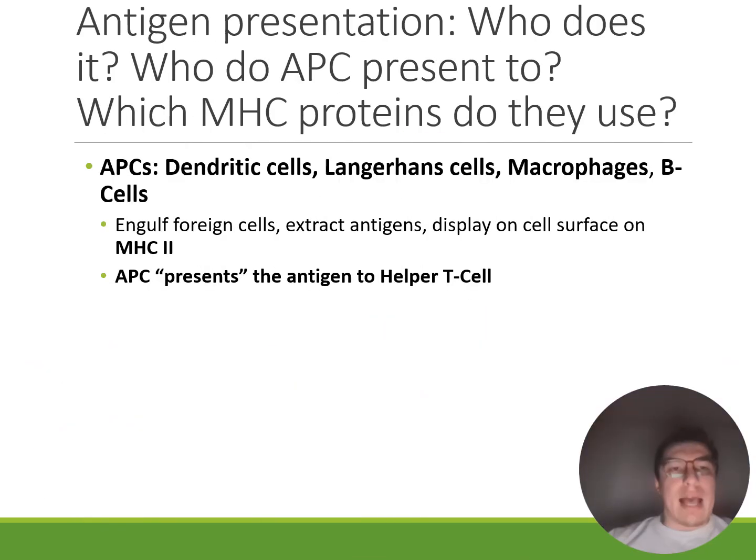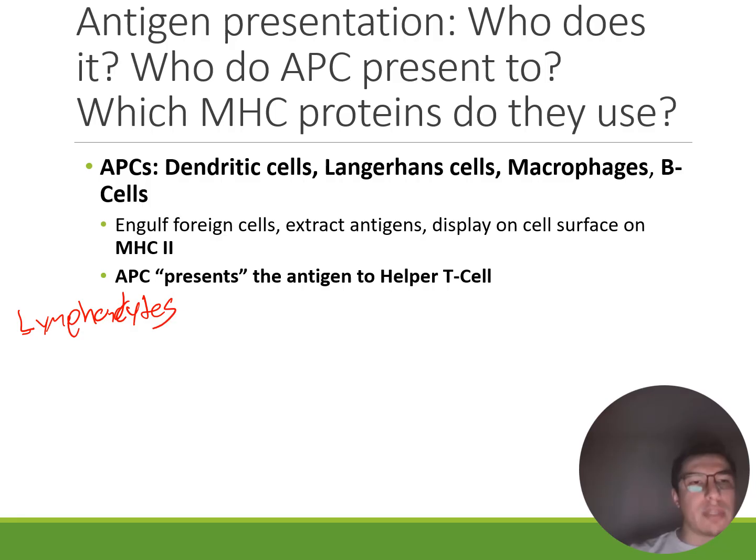Next, we have antigen presentation. Who do antigen presenting cells present to, and which MHC proteins do they use? I just wanted to recap. We have different types of lymphoid cells, so let's write them out. Lymphocytes.